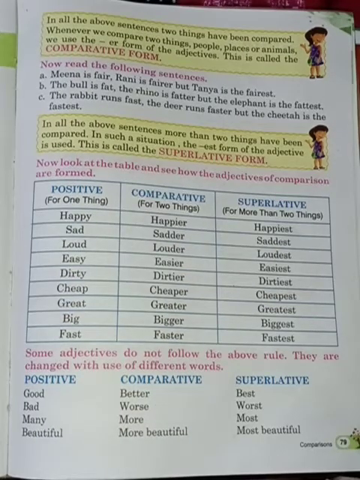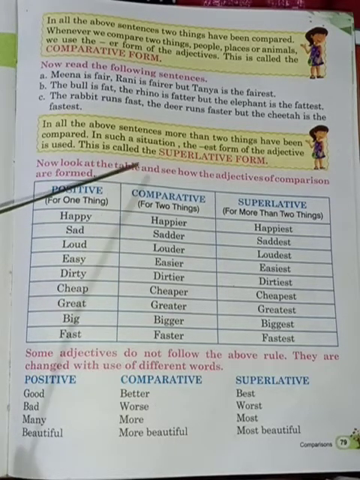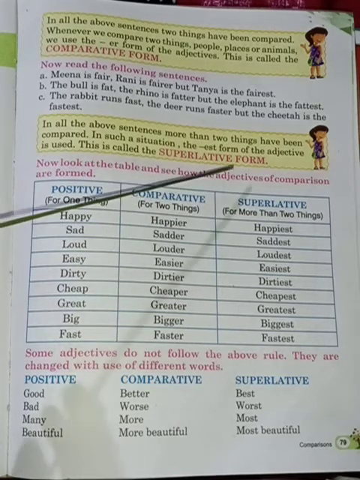Means students, when we compare one person among more than two people, then in adjective form we use the word est. So this is only called superlative form. Next, now look at the table and see how the adjectives of comparison are formed.